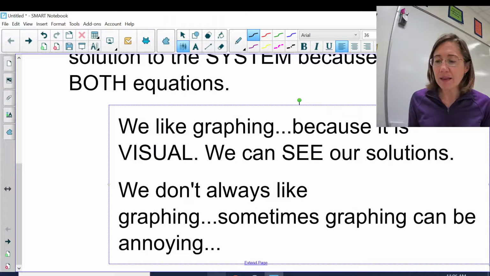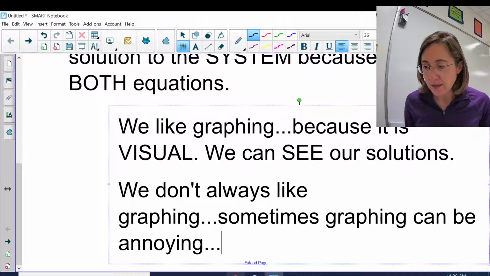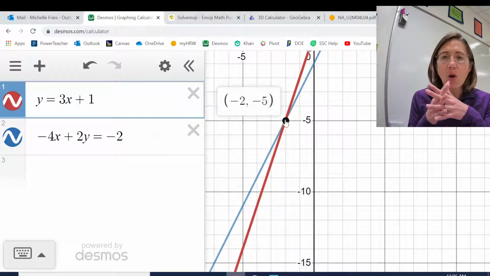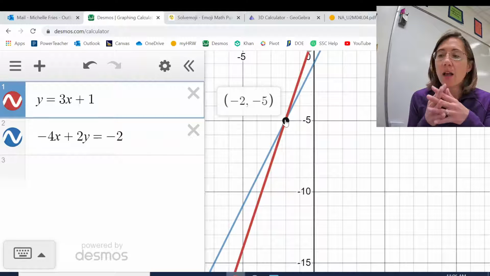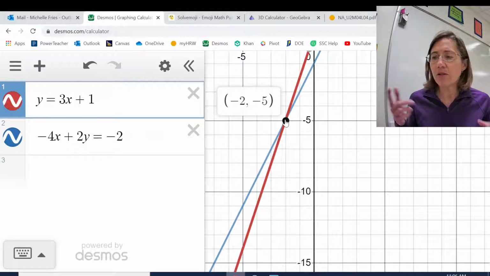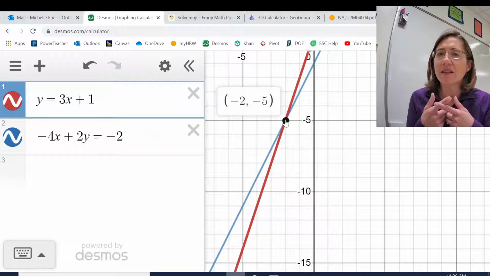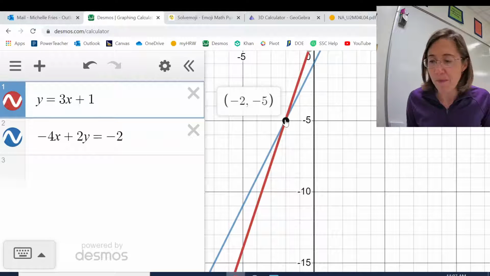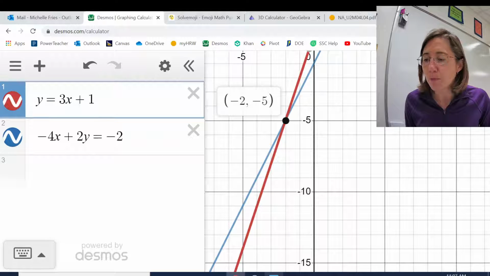And, okay, this didn't come up on my Desmos one here. These two lines intersected at nice whole number or integer solutions there. That is nice numbers. That doesn't have to be the case. If two lines cross, they might not cross at nice integer solutions. And if they're not crossing at nice integers, it's a little bit more of a pain to read the graph. So let's put that in here.